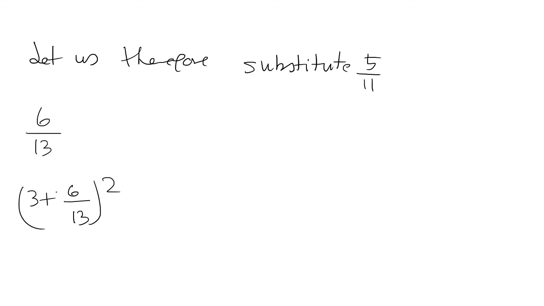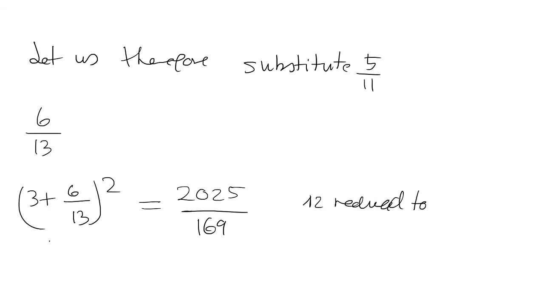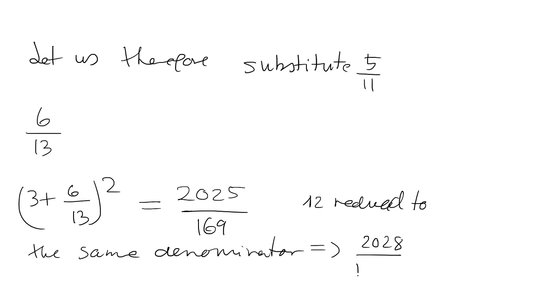Here, 3 plus 6 divided by 13 to the power of 2 is equal to 2025 divided by 169. And 12 reduced to the same denominator, we have 2028 divided by 169.